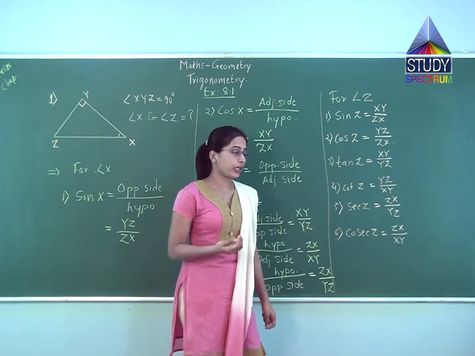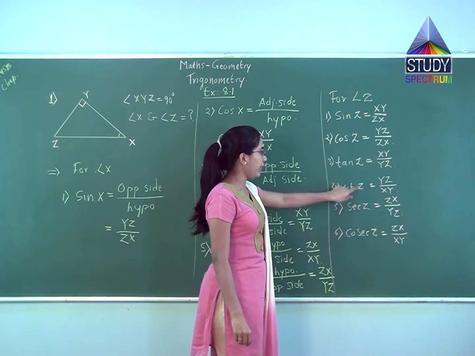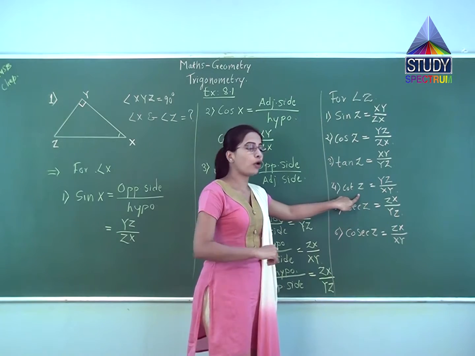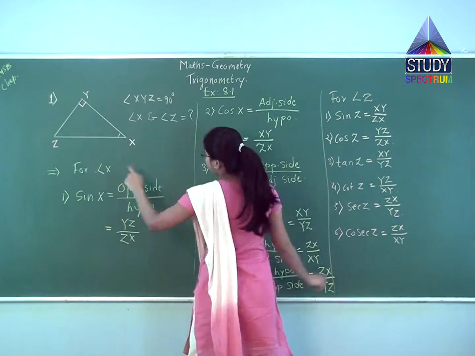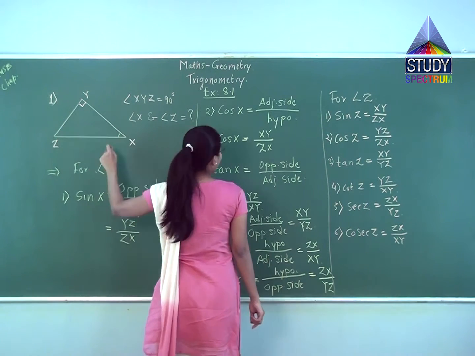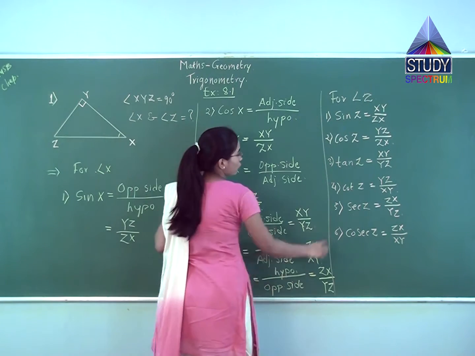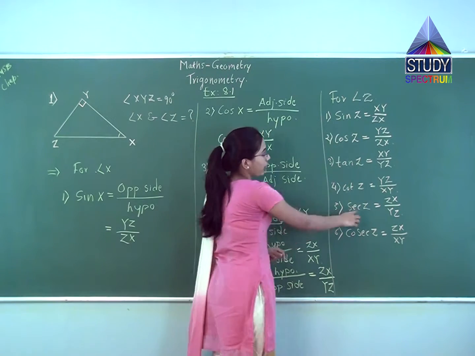If you want to cross check, you can do that. See, for cot Z we have reversed tan Z. What is the formula of cot? It is adjacent side upon opposite side. So now you can check YZ, you can see it is the adjacent side, upon opposite side XY. Right? This is the opposite side. So this is correct. Then for sec Z also you can verify your answer.